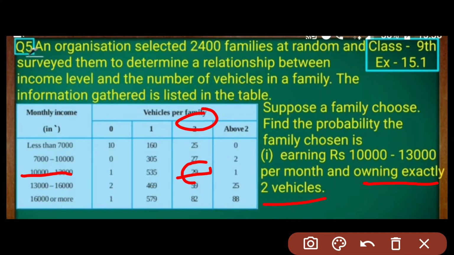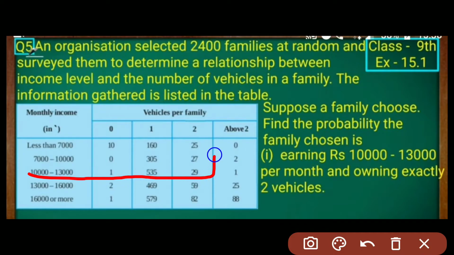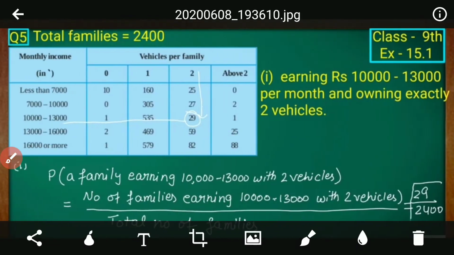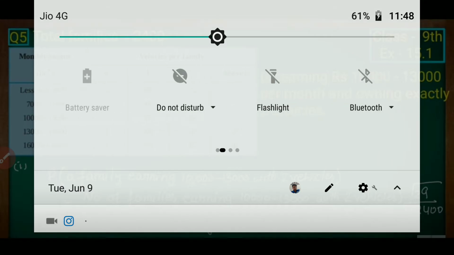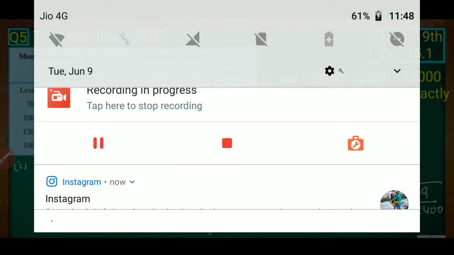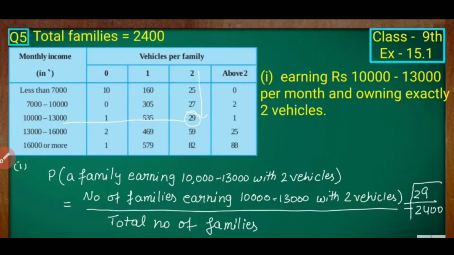In this, 29 is the entry we are talking about. So let's see the very first probability, earning rupees 10,000 to 13,000, where we come across 29.